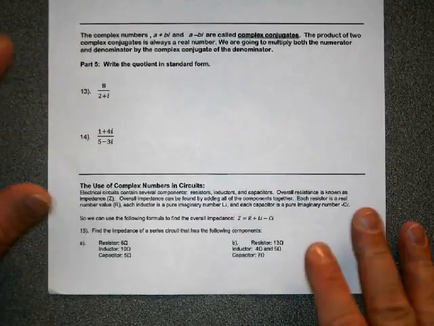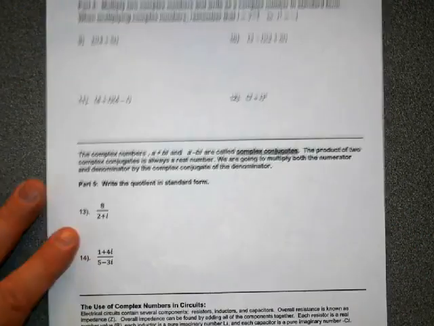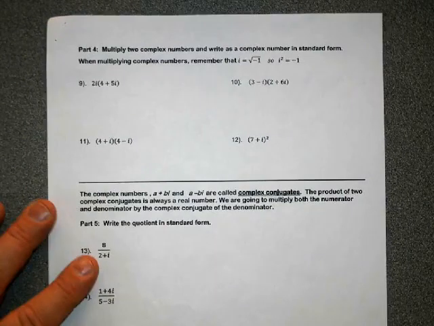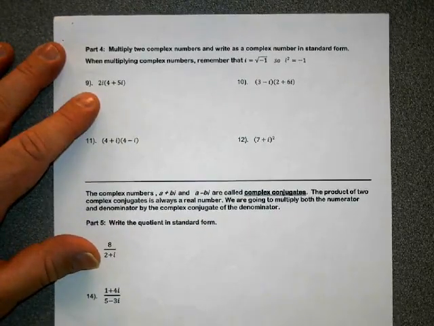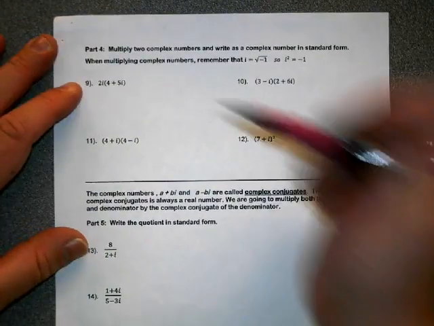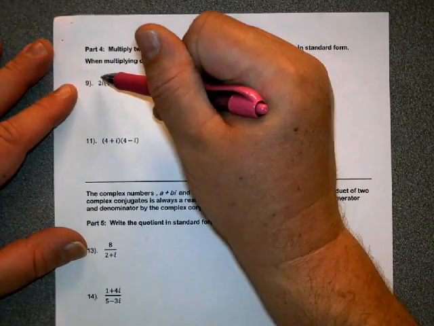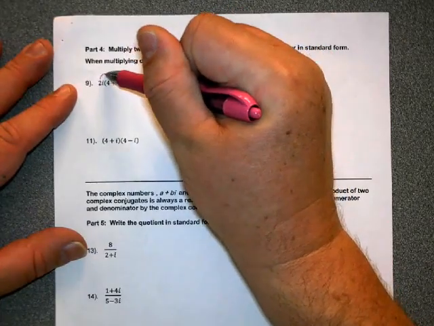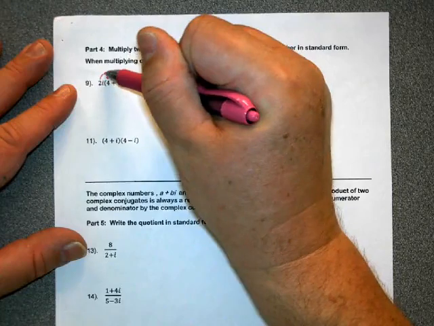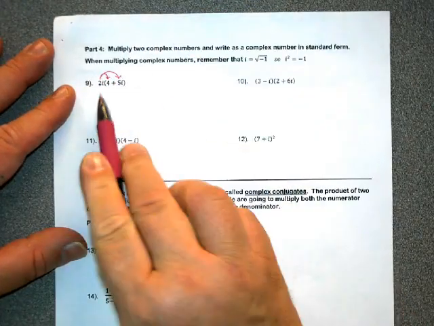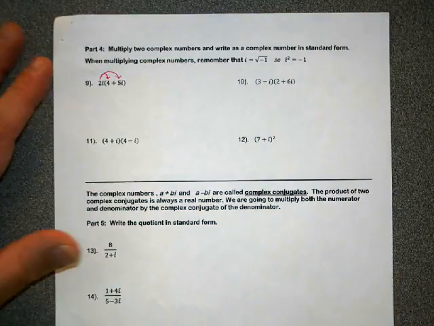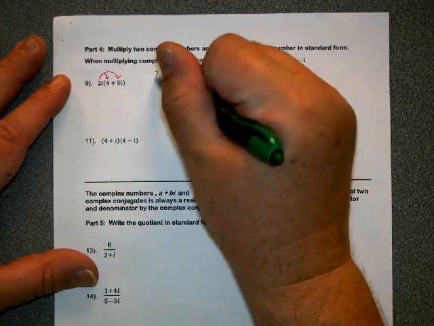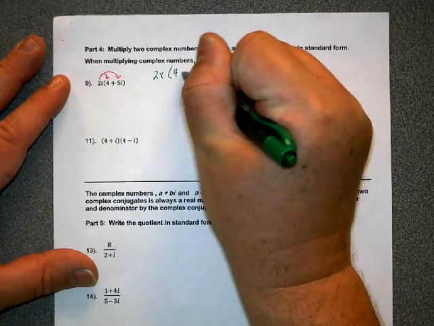Then we have multiplication. So let's go ahead and multiply. The first one, I have a number in front of parentheses. What do I have to do? Distribute to the numbers inside. 2i, just think of it as an x. I got 2x times 4 plus 5x.